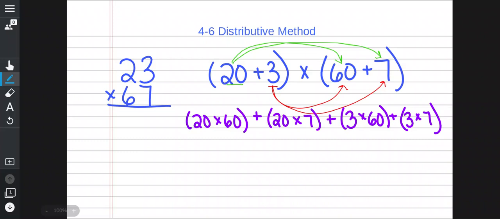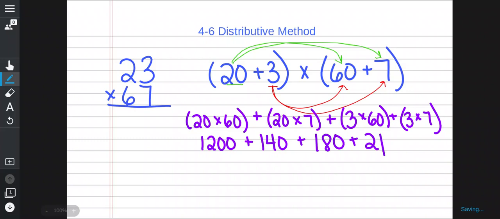And now I'm going to actually work it out. So 20 times 60, I can do that in my head, 1,200, plus 20 times 7 is 140, plus 3 times 60 is 180, and then my last fact is 21.